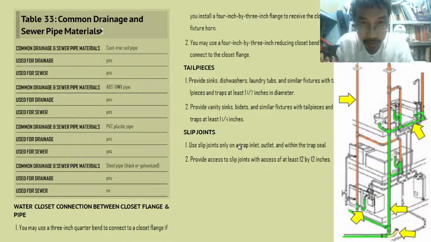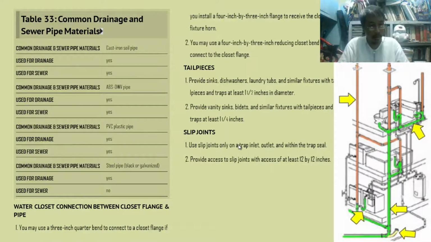So, install a 4" by 3" flange to receive the closet fixture horn. If you are using a 3" pipe, then it could be connected to the 4". That's why the flange is 4" by 3".